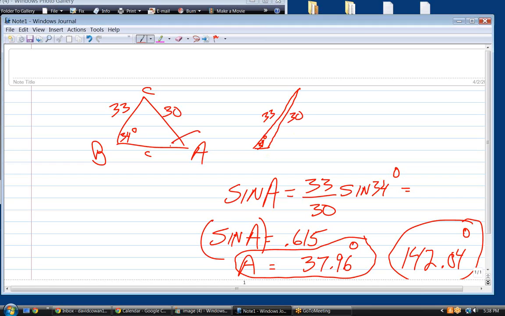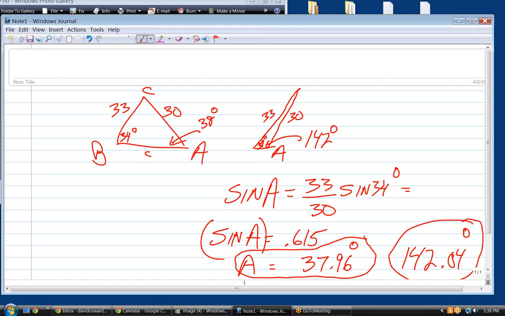The difference is, in this triangle, angle A is, let me round off here, 38 degrees, and in this triangle, angle A is 142 degrees.